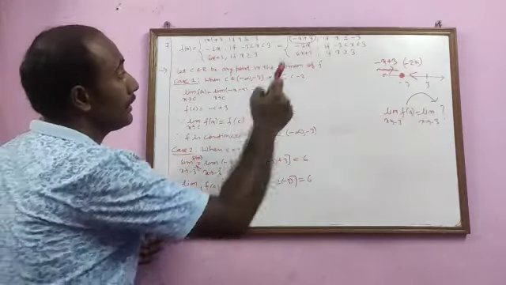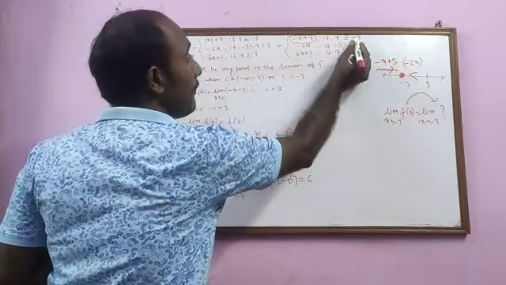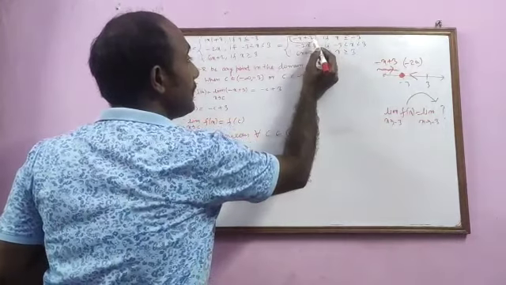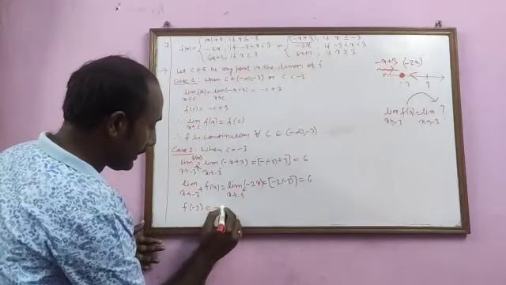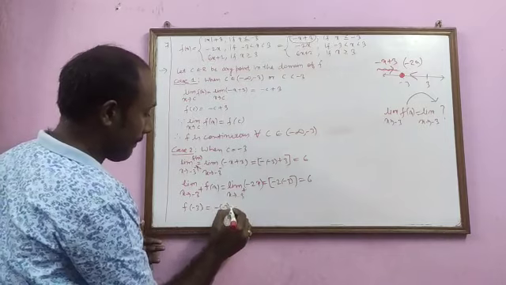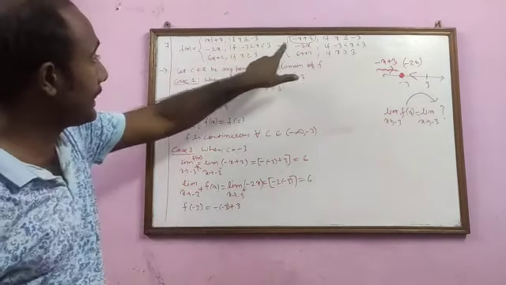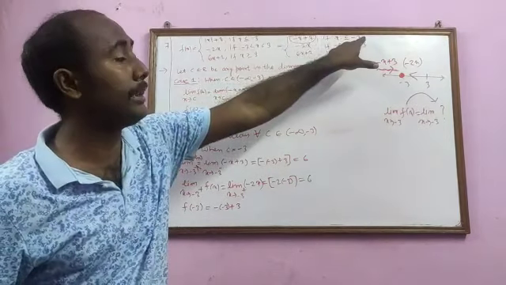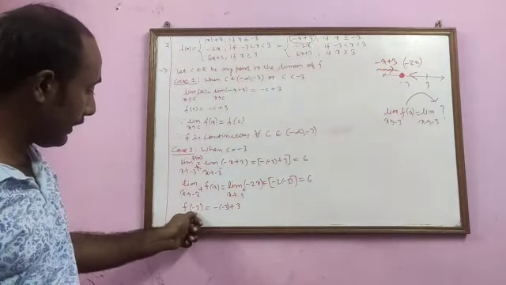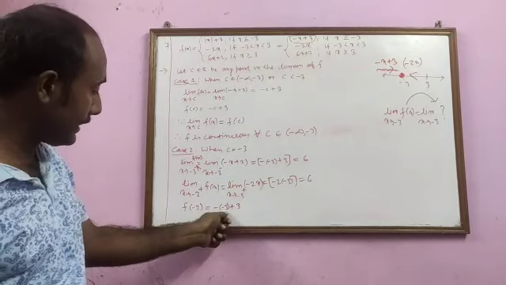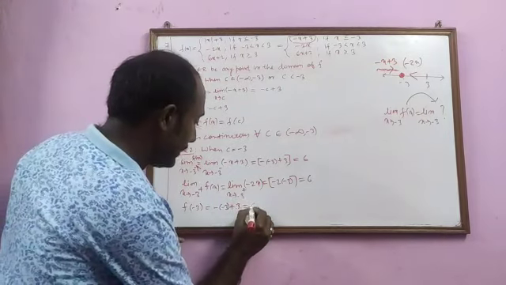f(minus 3) will be for this expression. When x is equal to minus 3, the expression is minus x plus 3. So minus x plus 3. Why? Because f(x) is minus x plus 3 for x less than or equal to minus 3. So for x equal to minus 3, it will be minus x plus 3. That is 6.